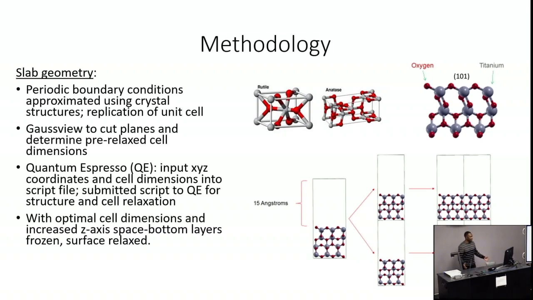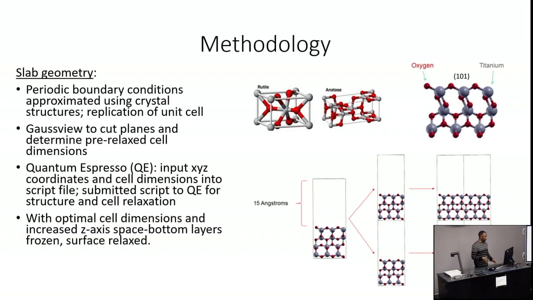So to begin building what we call slabs, our outside surface, it begins with the unit cells of rutile and anatase. We replicate these unit cells several times.